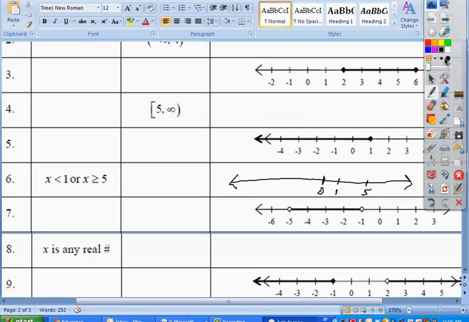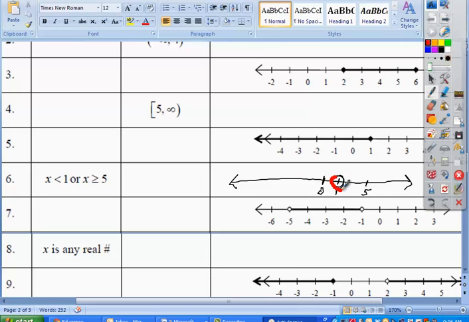Now, graphically, this says X is smaller than 1. And since it's just less than, that means I put an open circle because I don't actually equal that point. And so it says that the number is smaller than 1, and I know that 0 is smaller than 1, so I know I have to go in the left-hand direction.